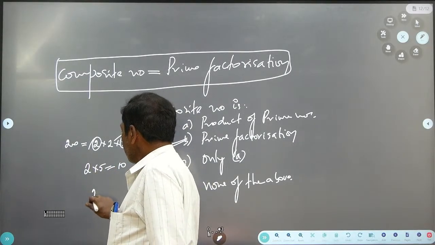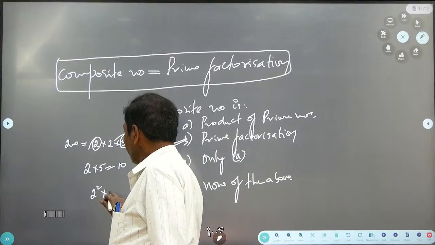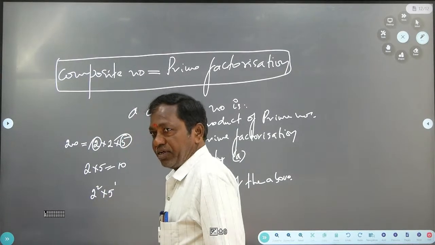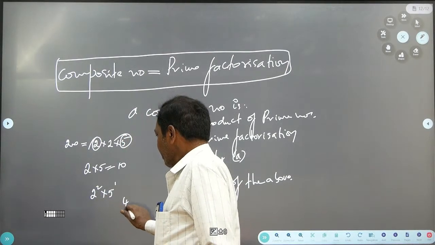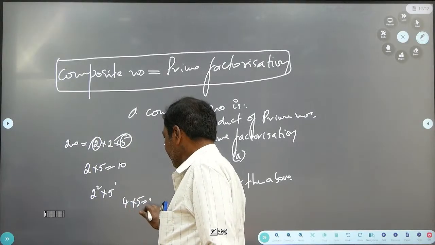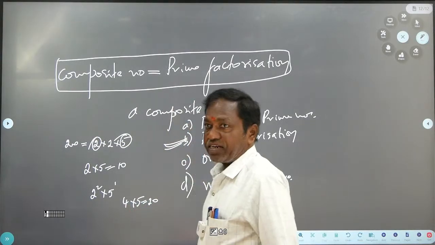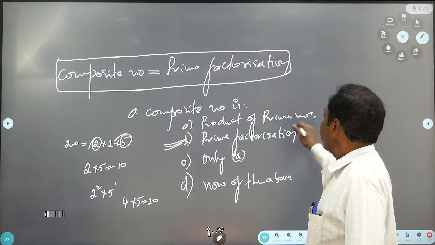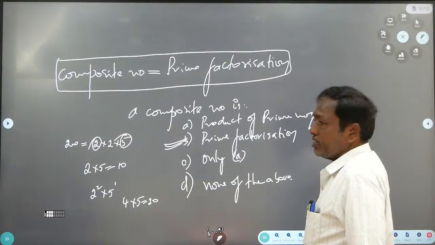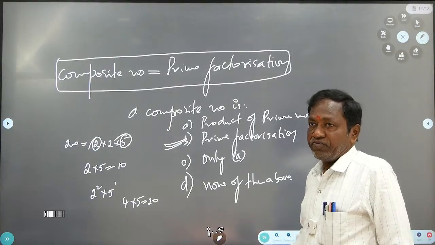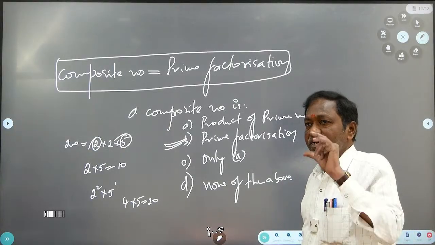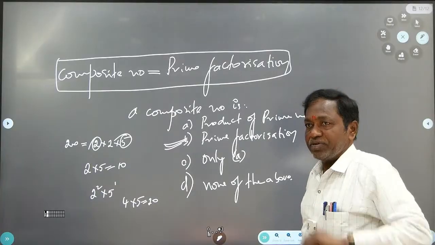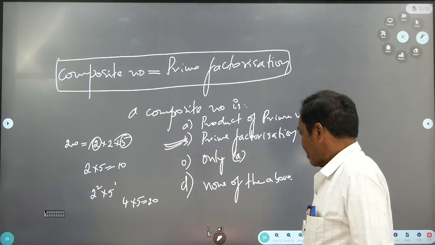Factorization means 2 square into 5 to the power of 1, so 4 into 5 is 20. That's why prime factorization is like that, not product of prime numbers or prime factors. Factorization is the equivalent value of a certain number.